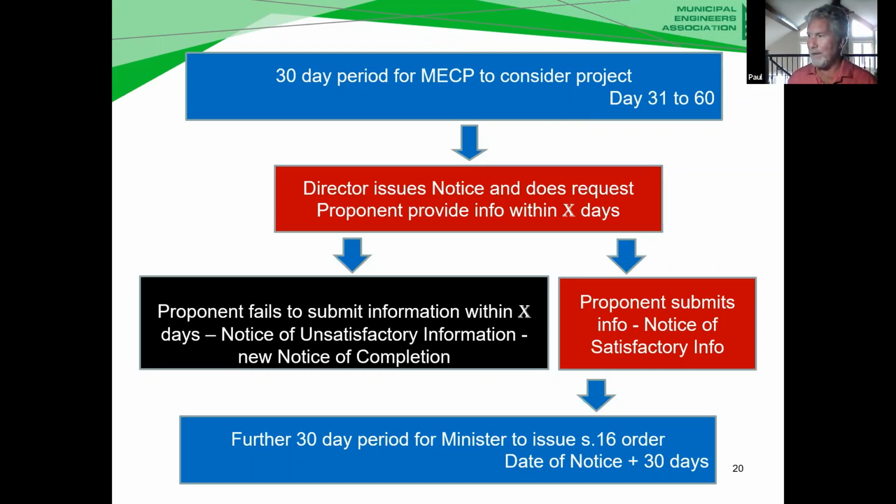And if there's more information required, it'll say, send this information within this many days, then you have a deadline. And if you meet that deadline, then you'll get a receipt back saying, okay, we got it, and now let's start this third 30 days. If you don't meet the deadline, you'll get a notice of unsatisfactory information, and you need to go back and start from the notice of completion and start all over again.